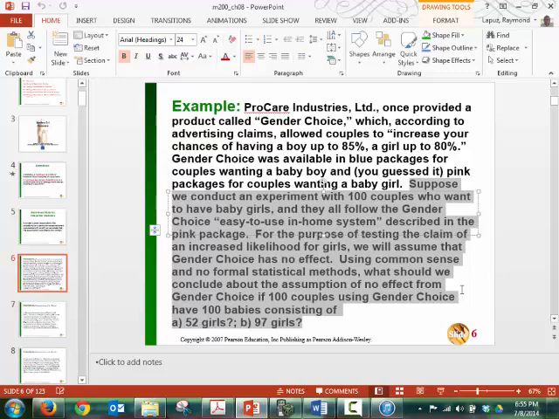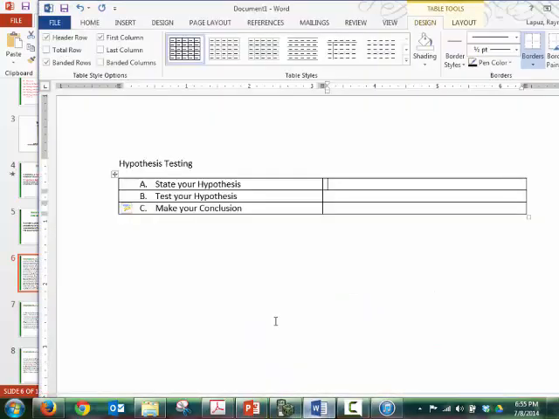When you build your hypothesis, what you're going to come up with is the idea of a claim, a statement about your problem, the specific problem that you're dealing with. So let's take a look at this example and build upon it.